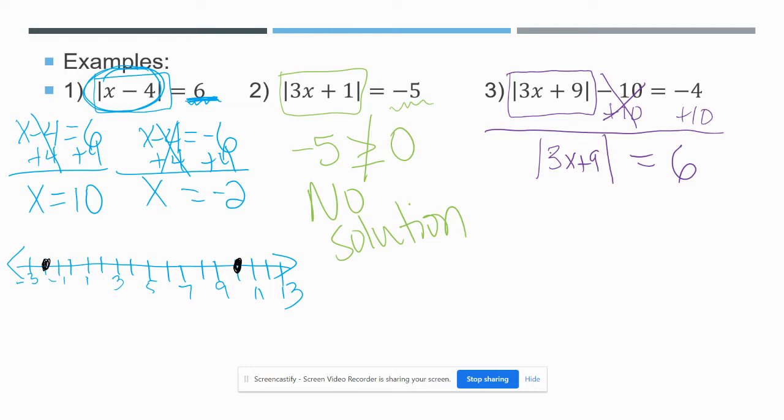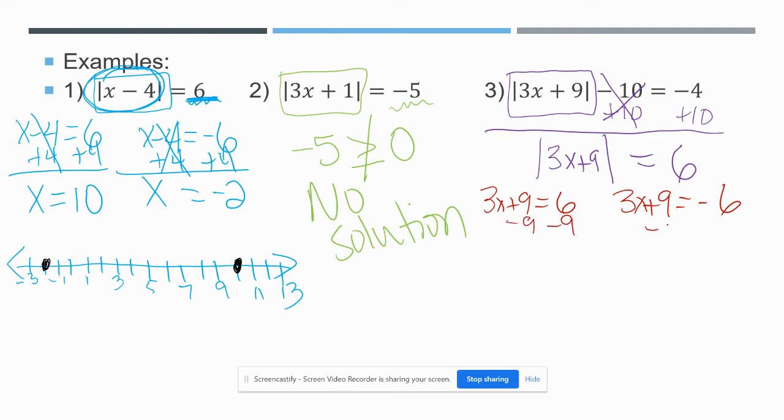Now if we look, our absolute value symbols are alone except for the equal sign, and it's equal to a positive 6, which means it's good for us to go ahead and solve this. 3x plus 9 is equal to positive 6, and 3x plus 9 is equal to negative 6.